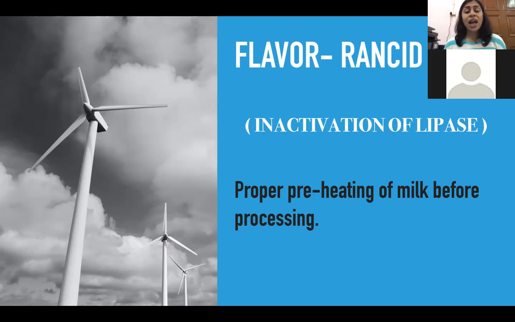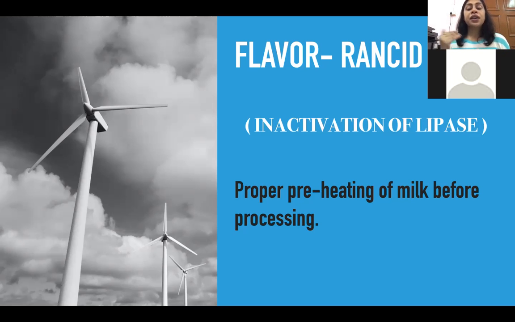So this, at the pasteurization temperature, gets inactivated. When we preheat the milk, we take it into account that we will inactivate the lipase enzyme. When we do not reach the inactivation temperature, the lipase enzyme is active.